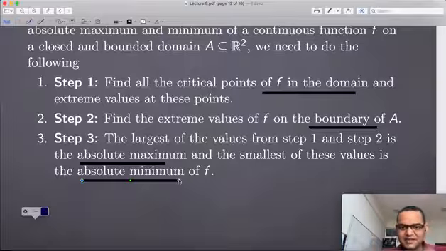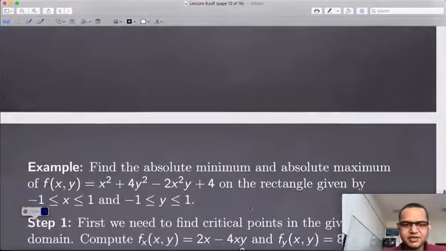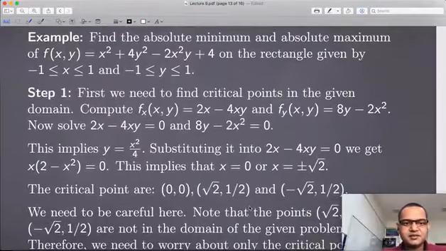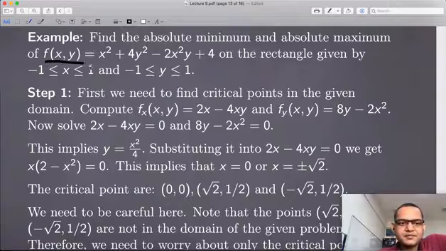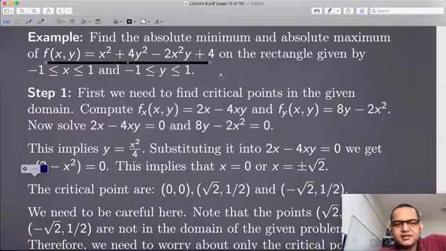I will illustrate this through an example so that you are comfortable doing other examples, and you know exactly what we are doing. For example, I take this function. It's not so easy a function because it has three terms. There is a mixed term also.